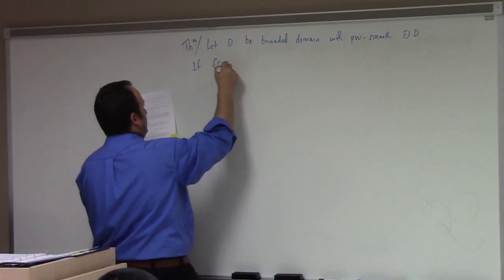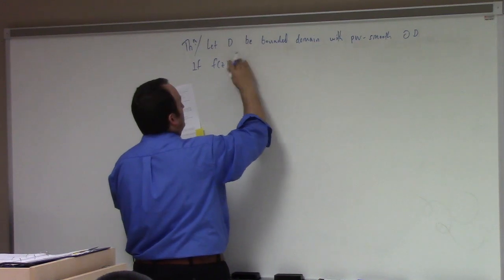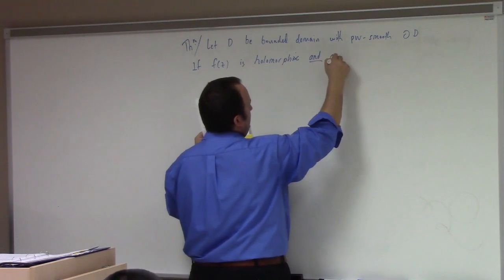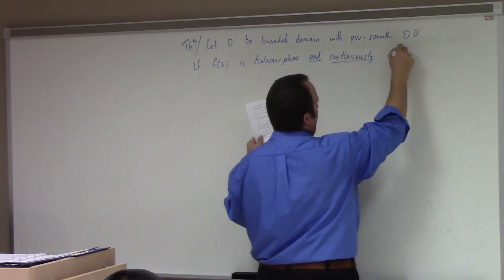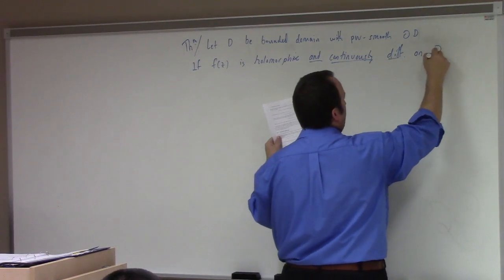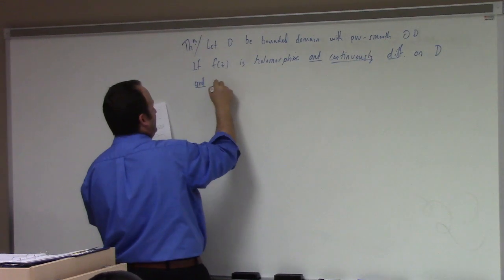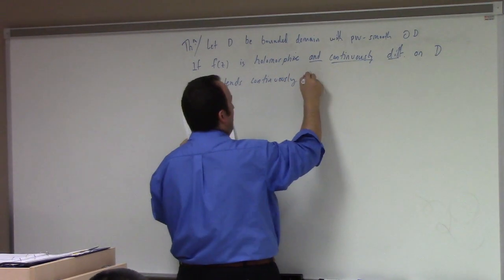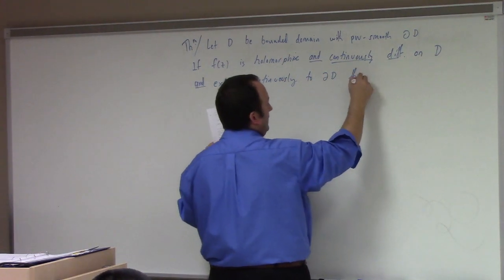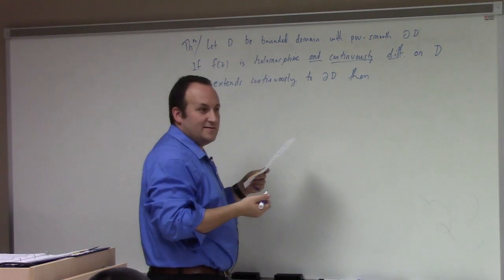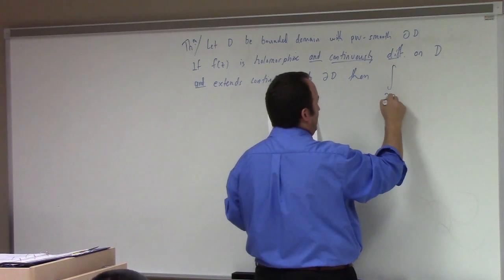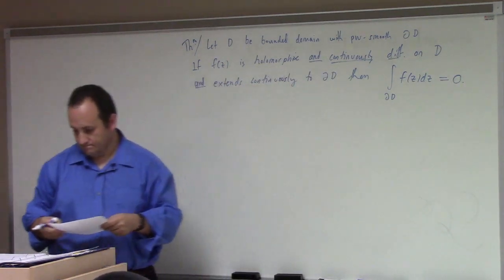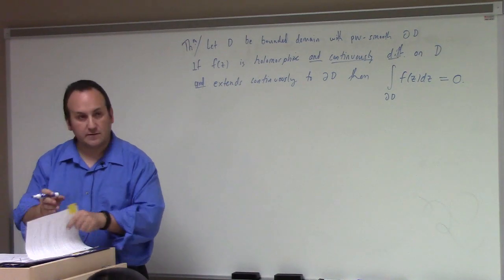If f of z is holomorphic and continuously differentiable on D, and extends continuously to the boundary of D, then, so many words for this very anticlimactic end comment, but here it is: the integral over the boundary of D of f of z dz is equal to 0. So this is theorem 9.3.2 in my notes, guys.